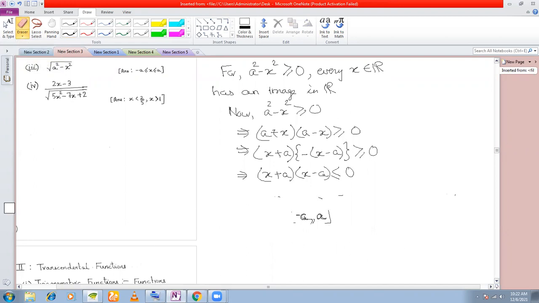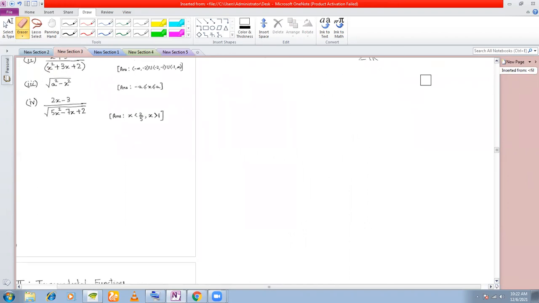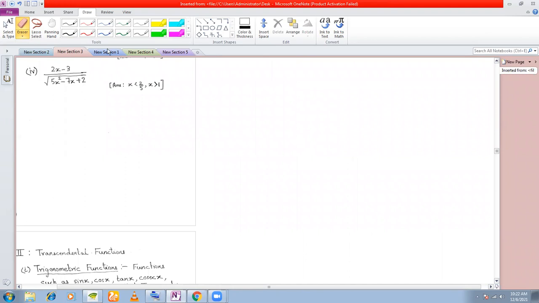Let's see the next one. Number 4. Let y is equal to 2x minus 3 divided by square root of 5x square minus 7x plus 2.